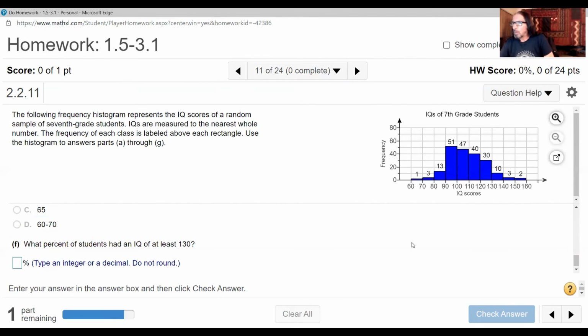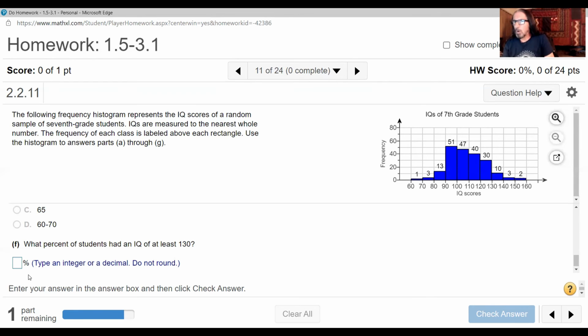Can we talk about a percent of students with an IQ of at least 130? I shouldn't say finally, because there's one more part after this. You're not just talking about a score of 130, nor the group 130 up to 139. You want 130 and above.